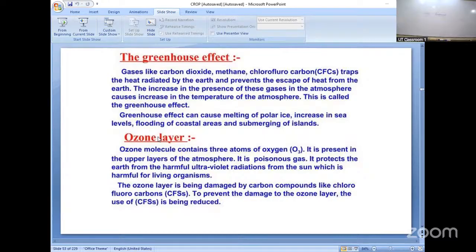Ultraviolet radiation is very harmful, and UV rays may cause skin cancer and other diseases also. So the ozone layer has to absorb those UV rays. Ozone molecules are 3 atoms of oxygen present in the upper layer of the atmosphere, and they are damaged by the carbon compound, that is CFC.